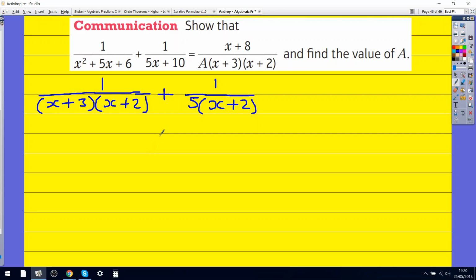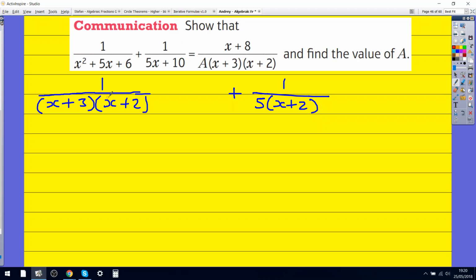And then if I times 5 by the fraction on the left, and then times x plus 3 on the fraction to the right.